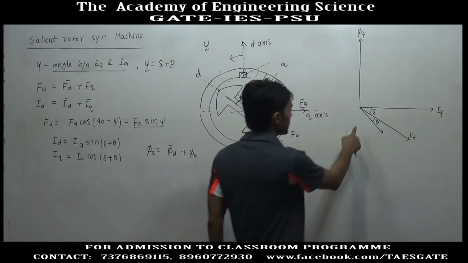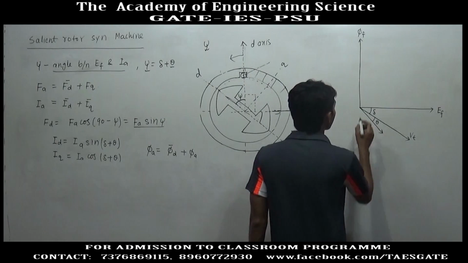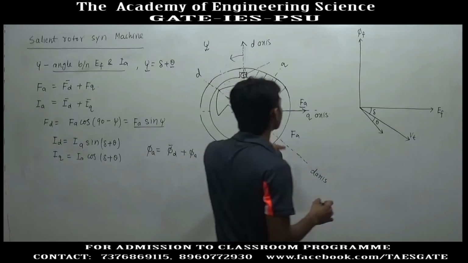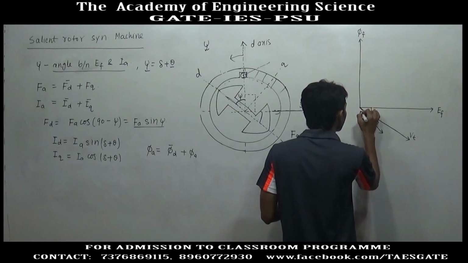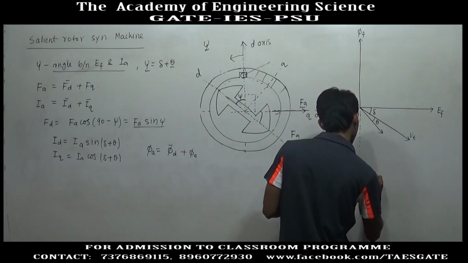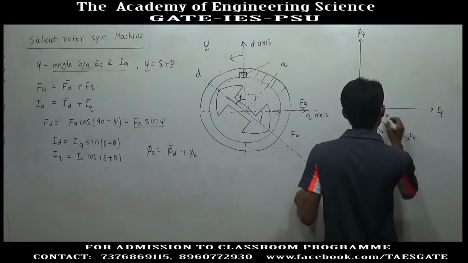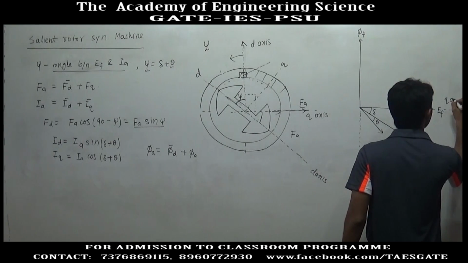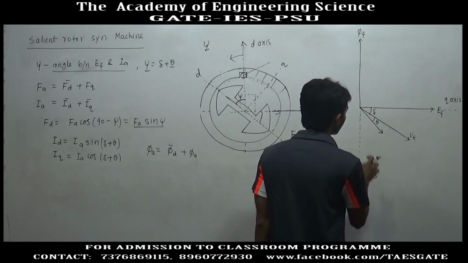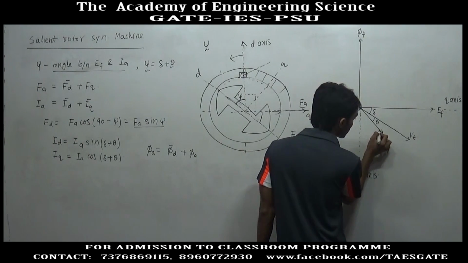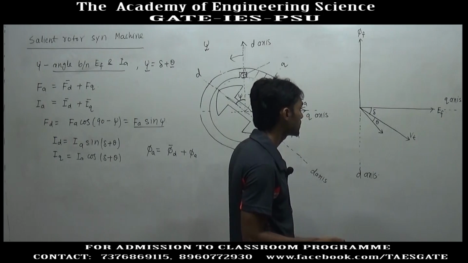Okay, so this is the IA vector, and along the field, this is the field axis, we will have the D axis, and perpendicular to this axis we will have the Q axis. This is the direction of IA, and armature MMF is directly proportional to armature current.